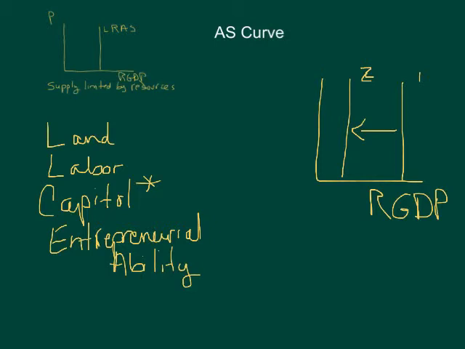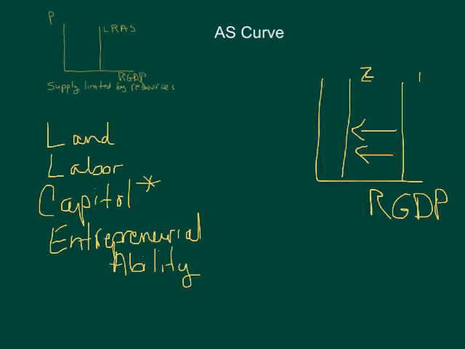So let's say that if schools got less funding, we just saw, for some reason, a decline in entrepreneurial ability. Then in the long run, we would see a shifting in, once again, of the long-run aggregate supply curve. So that's the long-run aggregate supply curve.